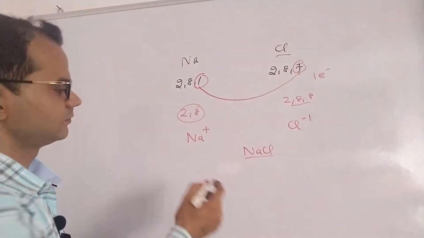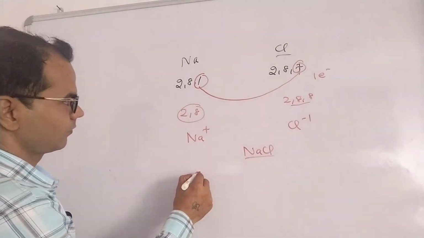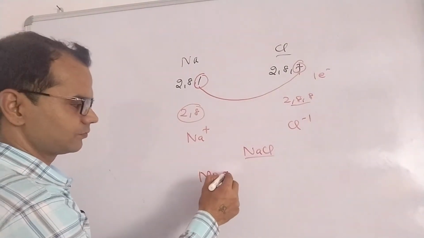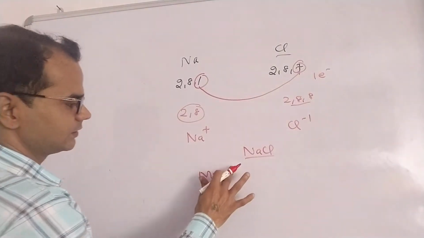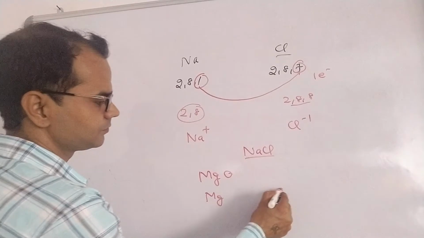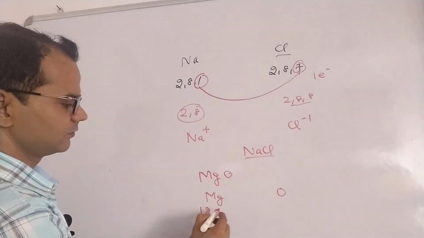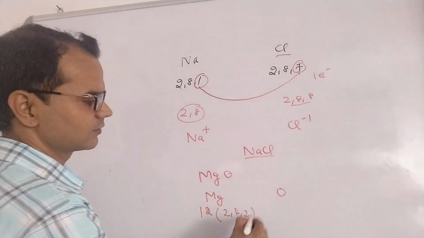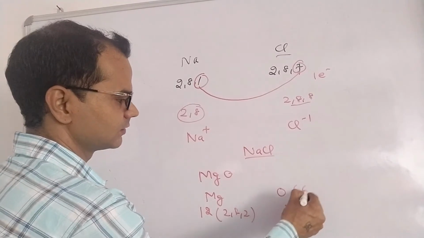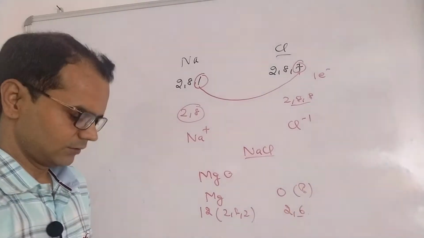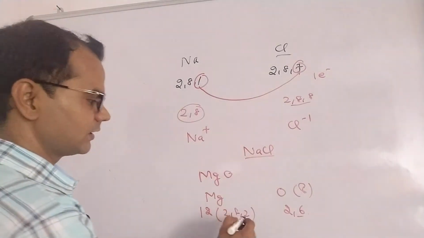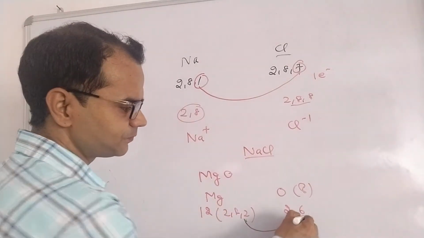Second example, magnesium oxide. The atomic number of magnesium is 12, meaning 2 electrons in the valence shell. Oxygen's atomic number is 8, meaning 6 electrons. Now these 2 electrons are transferred from magnesium to oxygen.